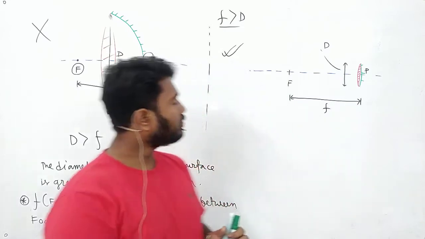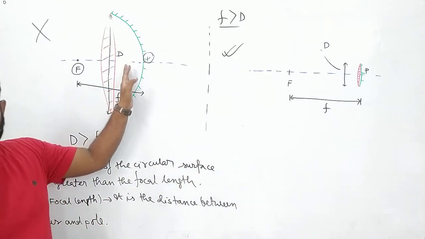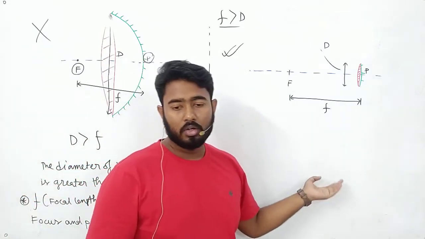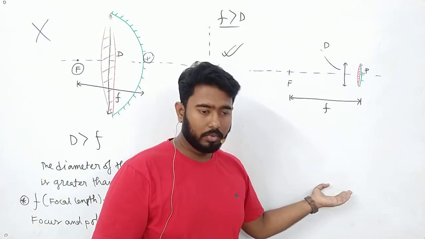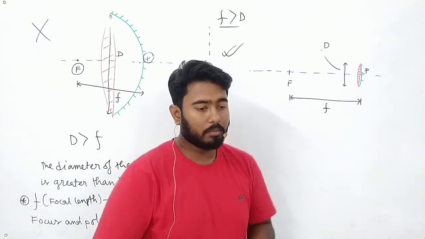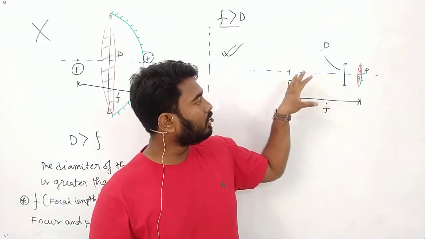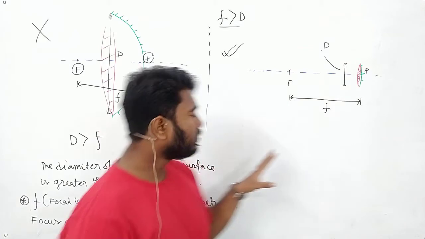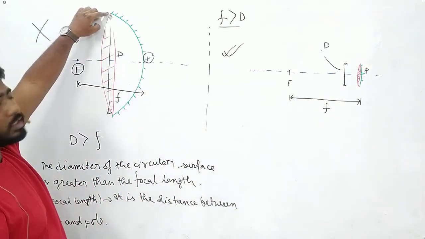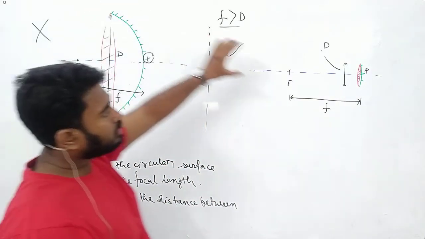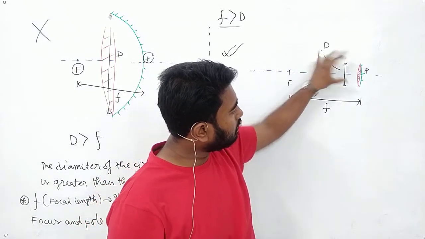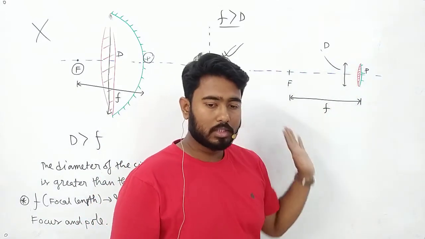Because in this kind of mirror, our images won't take the approximation. We need to work with paraxial rays. What are paraxial rays? Rays which are parallel to the principal axis and very close to the mirror. In this case, we will have marginal rays which will fall here also. Now in this case, if the rays are marginal, then also they will be close to the principal axis.